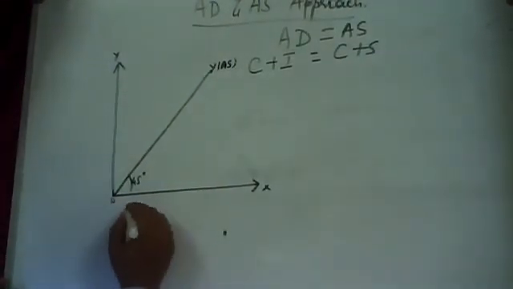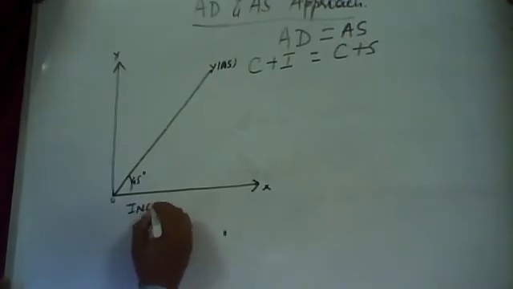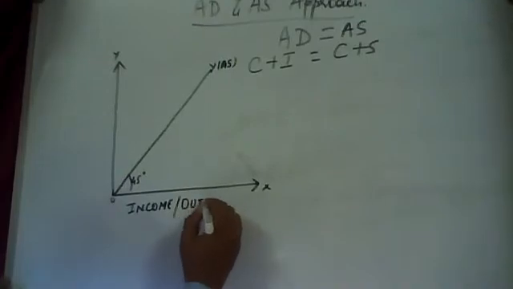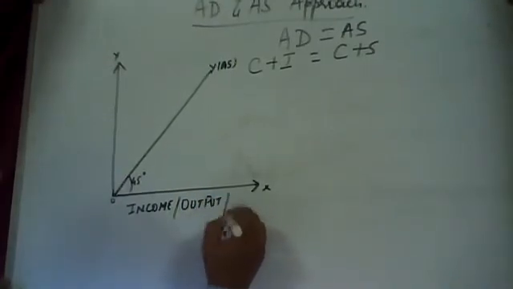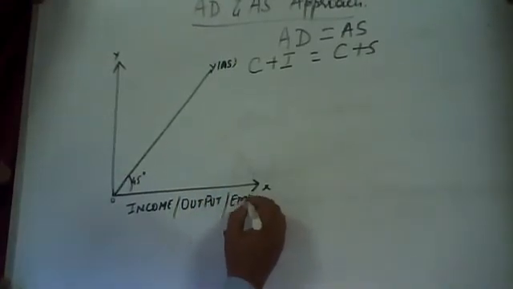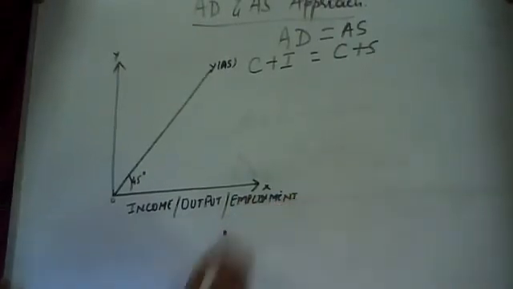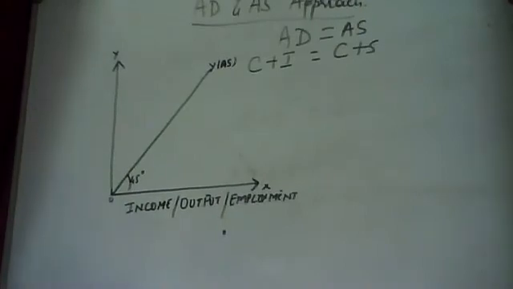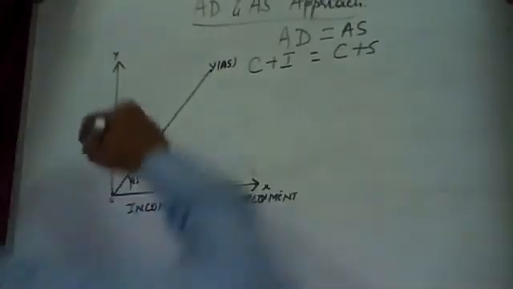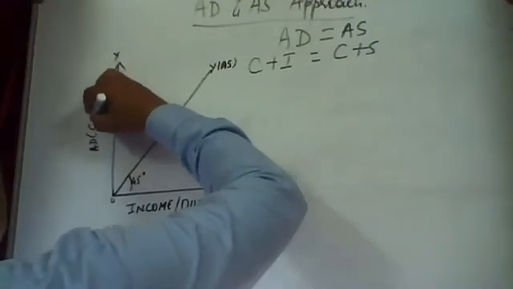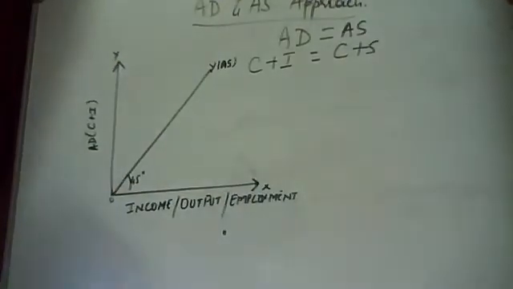Income, output, employment. And on the y-axis, what would we take? The aggregate demand, which is C plus I.